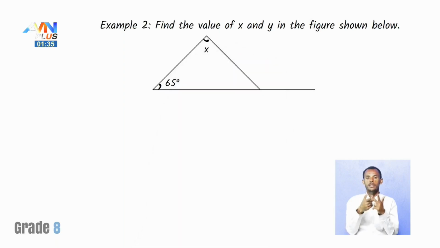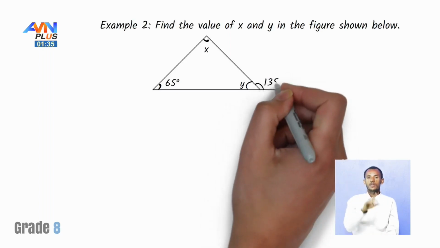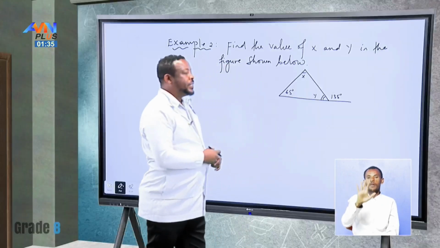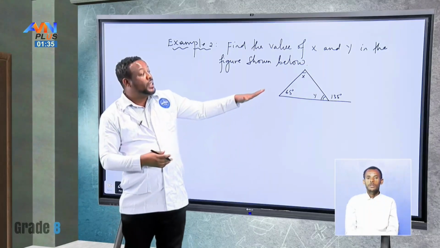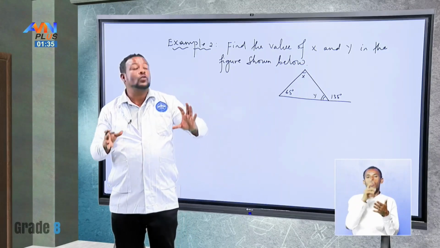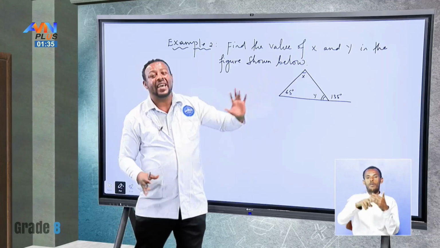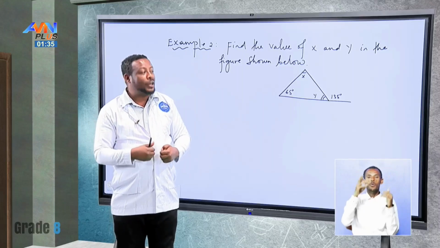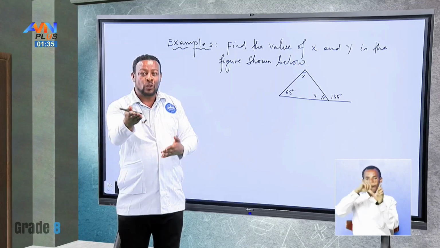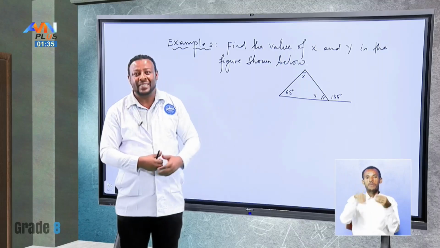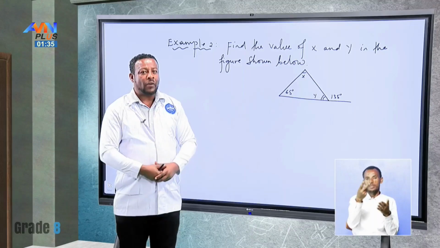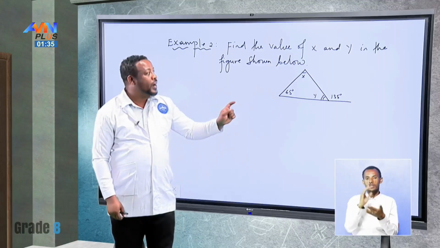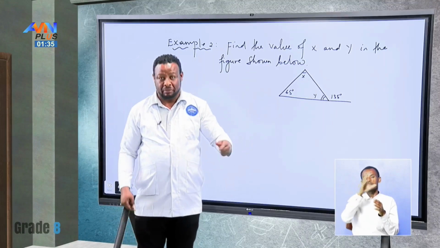This is y. And this one is 135. From this figure, you are asked to find the value of x and y. I hope you will apply the concept of the exterior angle theorem. I want to give you 1 minute to practice this, then we will see our answer. Just take 1 minute to find the unknown variables x and y.